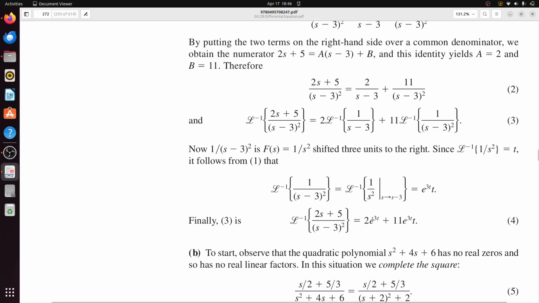So this is 2 e to the power 3t plus 11 e to the power 3t into t. So this is your actual answer.